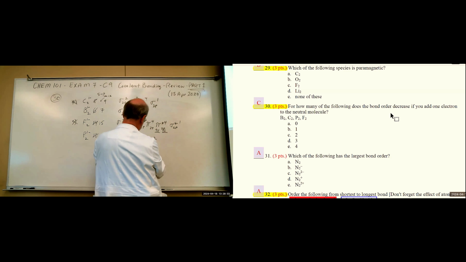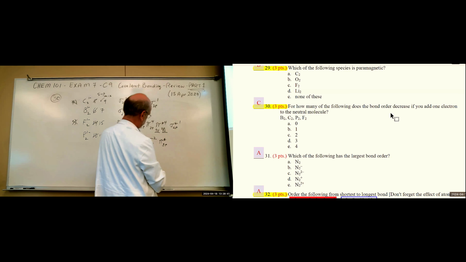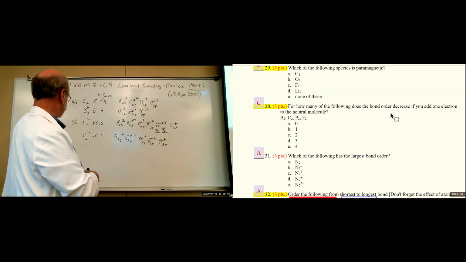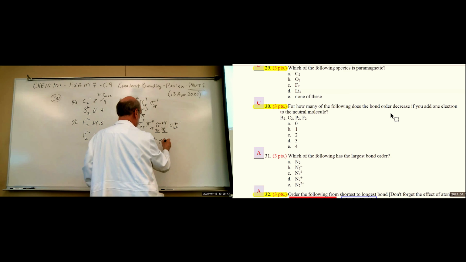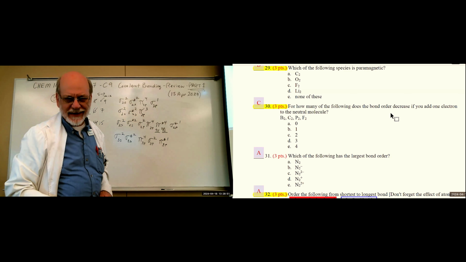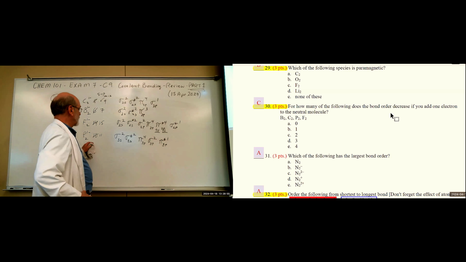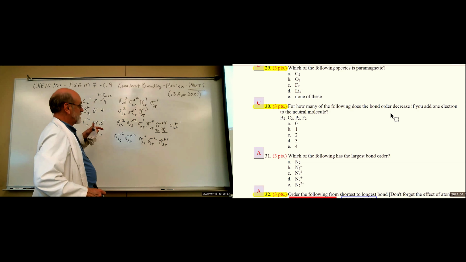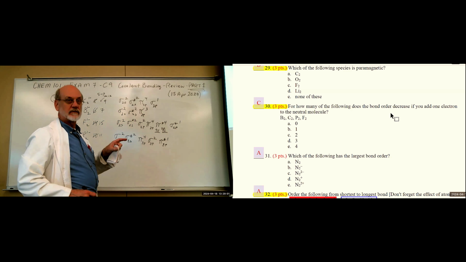Okay, what goes beyond this? If we go that, then we're going to have this one. Correct? That's next. All right, we add an electron to that. Okay, which one is going to decrease bond order? The one that decreases bond order by adding an electron is if we add an electron to an anti-bonding orbital.